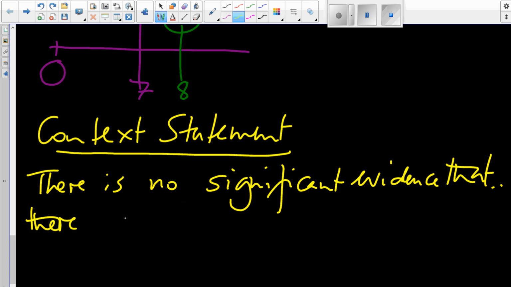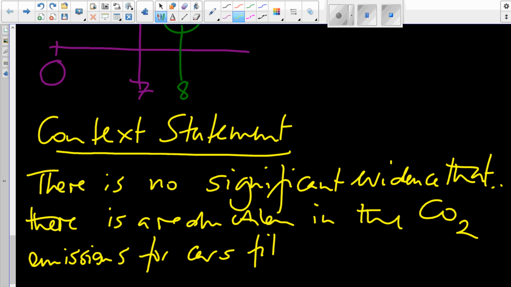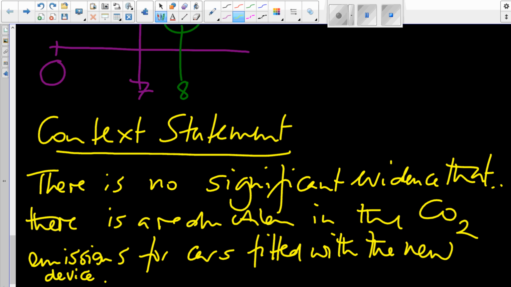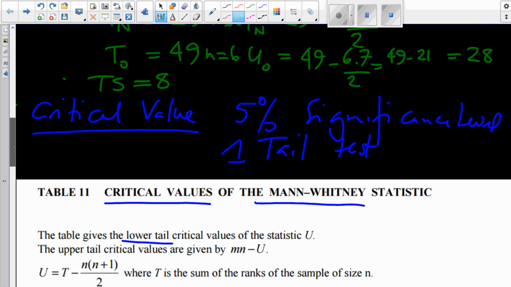For that, let's go back to the mark scheme and see what we got. For that, we're going to get 10 marks.